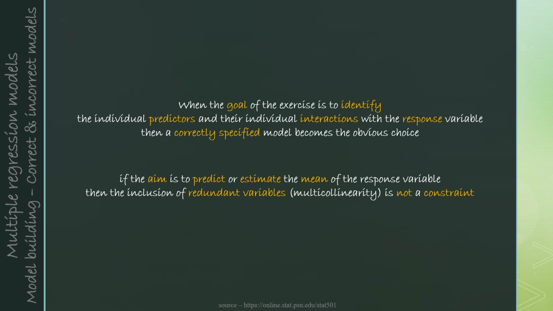On the other hand, if the aim is to predict or estimate the mean of the response variable, then the inclusion of redundant variables, that is introducing multicollinearity, is not a constraint. Therefore, the goal of the exercise decides the approach in the model building process.